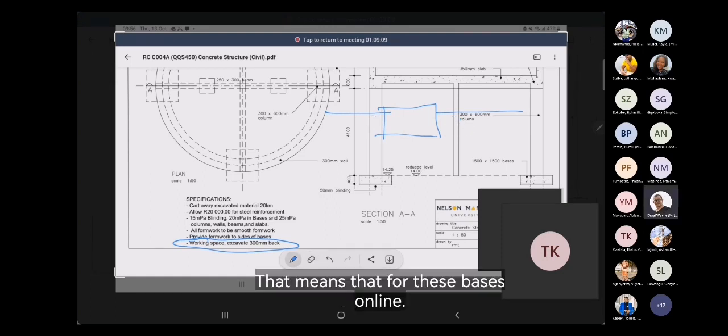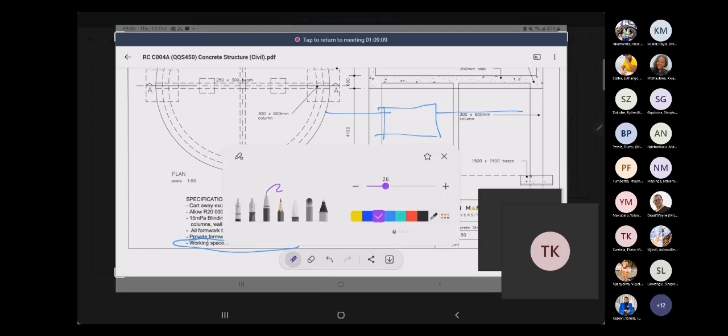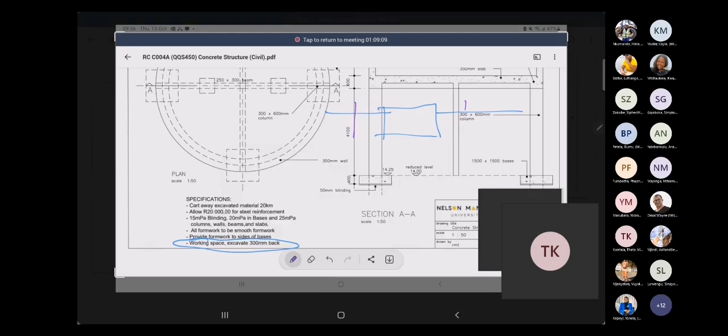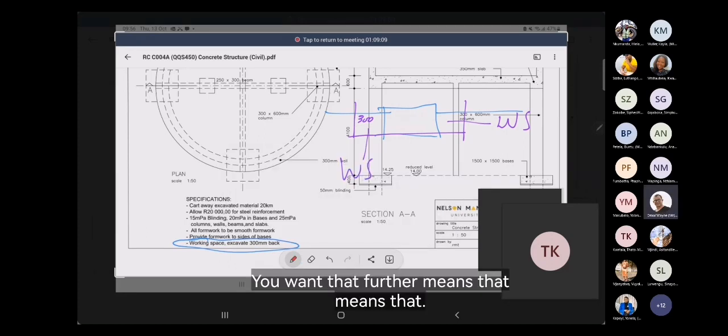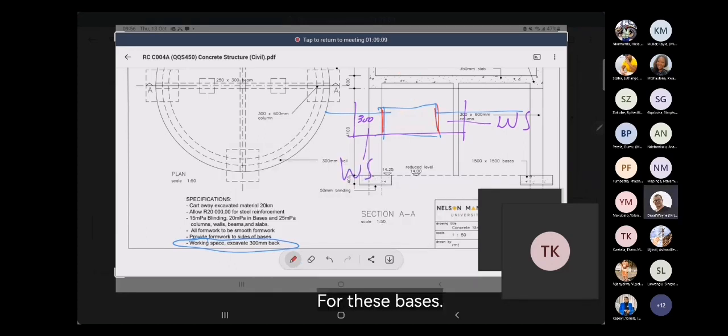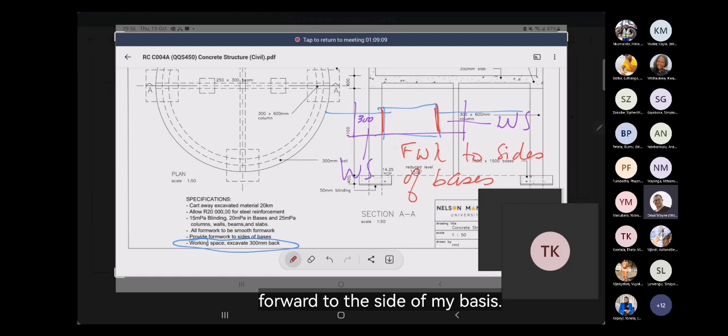It means that for these bases of mine, I would excavate back for my working space. Right? It says 300 millimeters. What that further means is that for these bases, I would have formwork to the side of my bases.